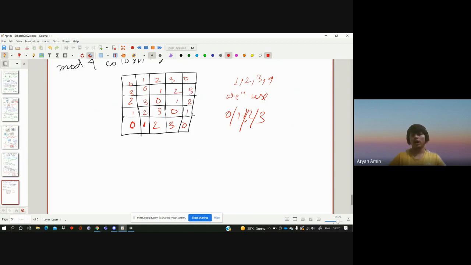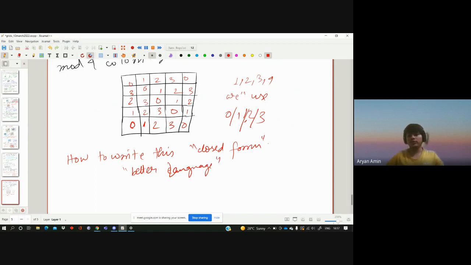So now how to write this in a sort of closed form, or in a better language, because you need to explain this, right? Suppose you number the squares 0, 1, 2, 3, and 4.